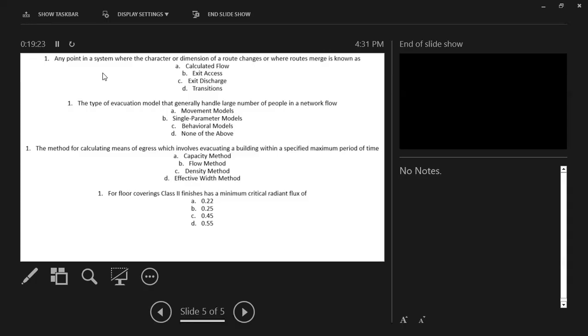The method for calculating means of egress, which involves evacuating a building within a specified maximum period of time, is the flow method. Flow is equal to speed into width into density. Right. Okay.